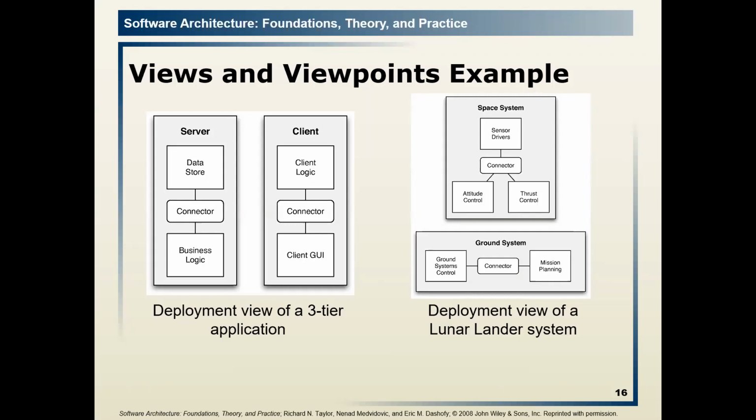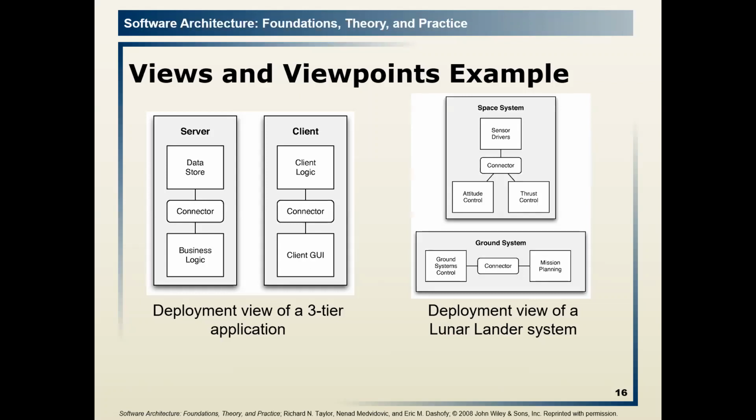So in the deployment view, we show what components should be on the different hardware. Okay, so in a three-tier application, you have 3 tiers of components. On the server, you have the data, then connectors and the business logic. And same thing in the client machines. You have the client logic, there are connectors, and then there is the client GUI.